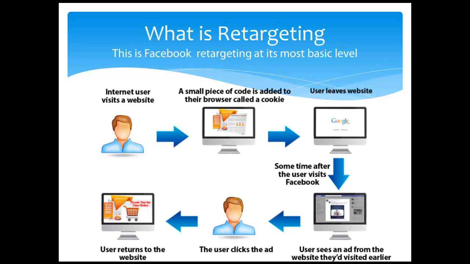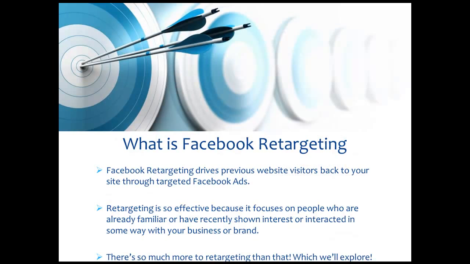You've probably all experienced it, whereby you've been on a website and then you've seen an ad on Facebook about that particular company, and if you're wondering how did they do that, was it luck? It wasn't luck that you saw that. It was absolutely deliberate.